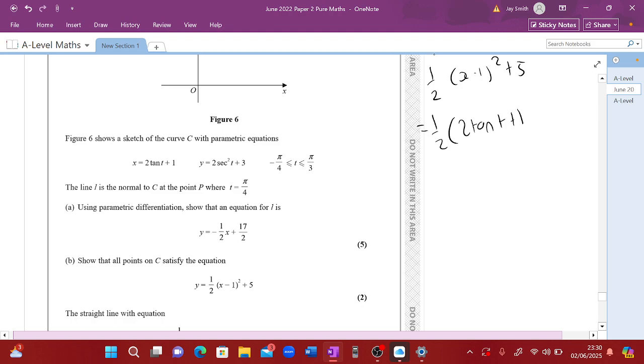The t's are really looking like pluses and ones here, so let me try and make it a bit clearer. So that'd be 1/2 of 2 tan t squared plus 5, because the 1 minus 1 cancel. So then that's going to be 1/2 of 4 tan squared t, that's going to be 2 tan squared t, add 5.